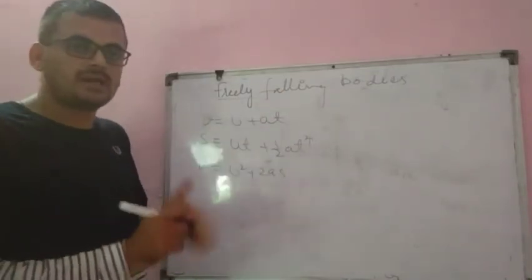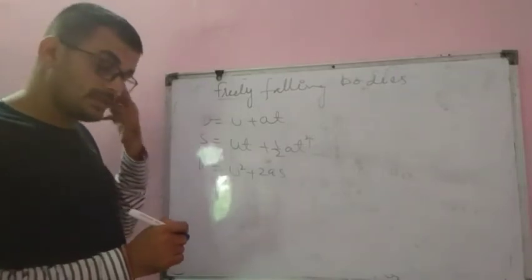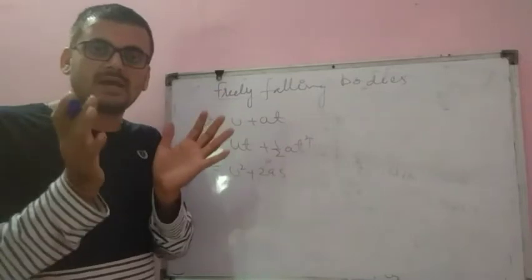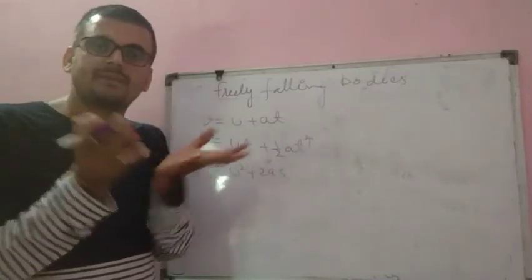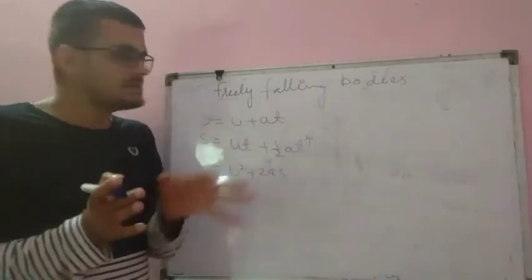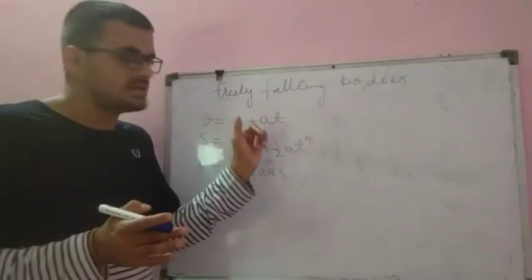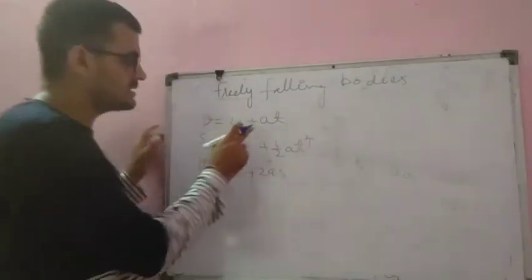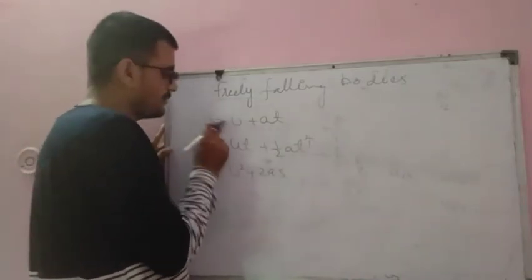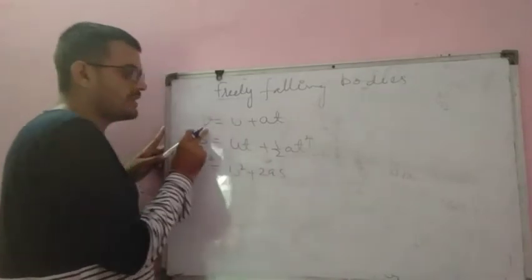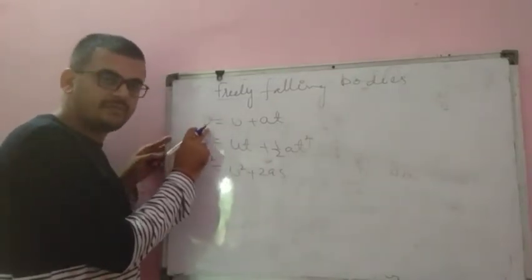As per the definition, when a body falls freely in such a way that only the effect of gravity acts, then in these equations, a stands for acceleration, u stands for initial velocity, and v stands for final velocity.